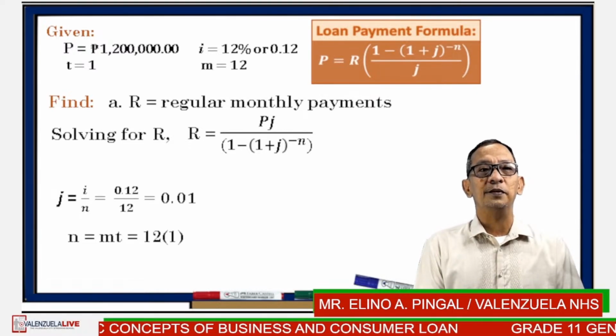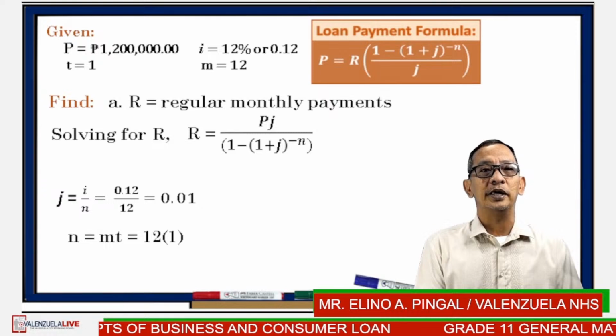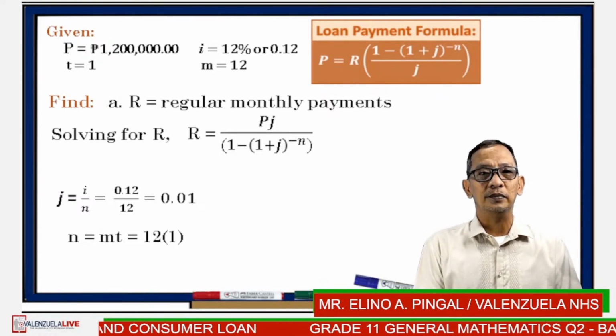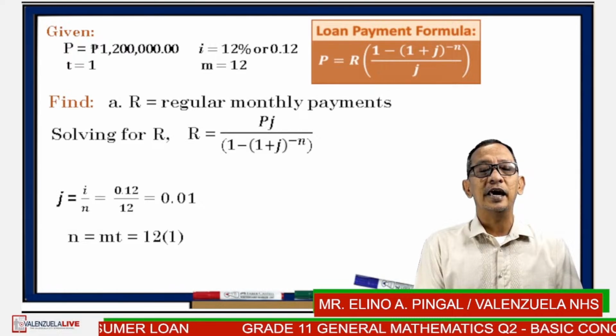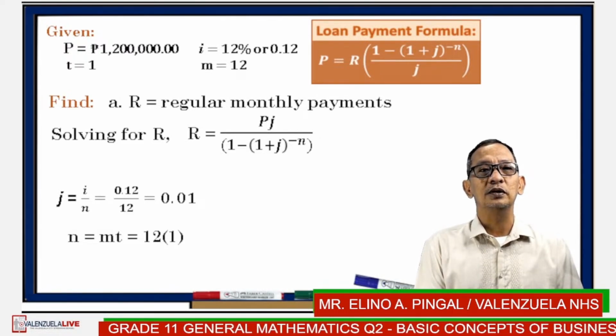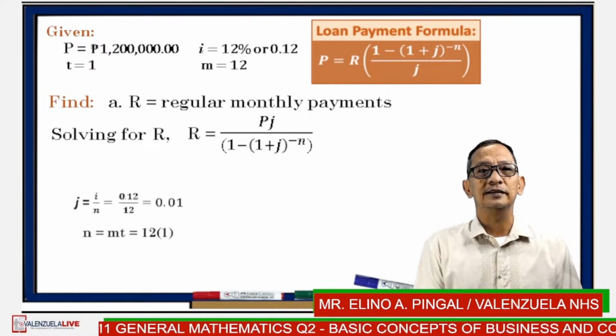Solving for j first, j is equal to i over m, or this is equal to 0.12 divided by 12, is equal to 0.01. n is equal to m times t, or is equal to 12 times 1.